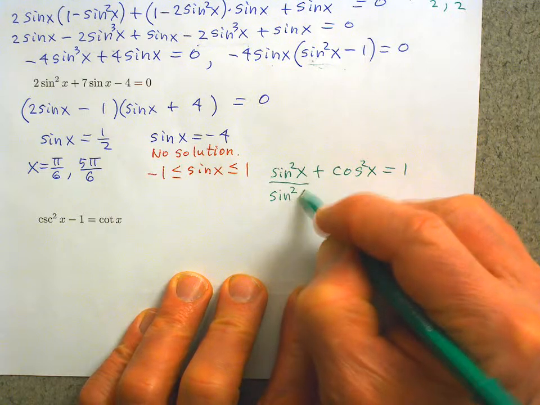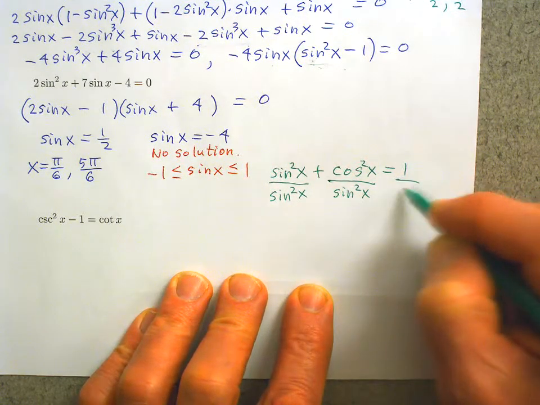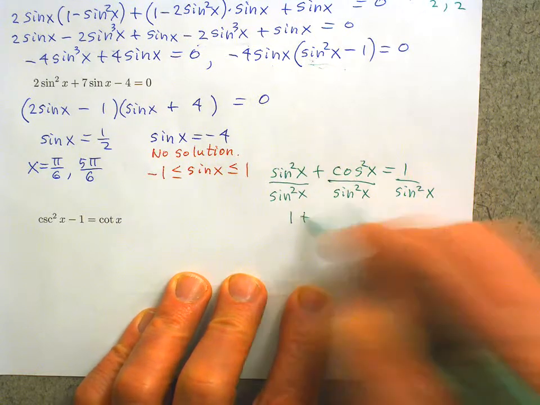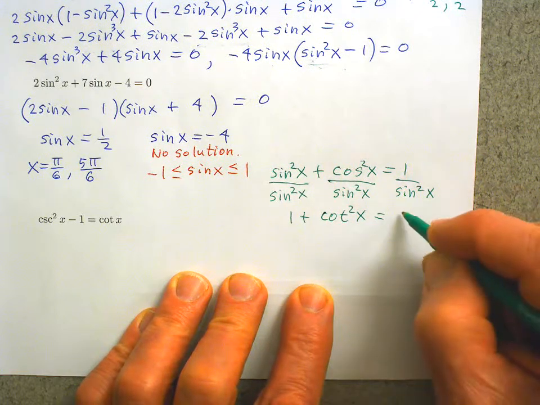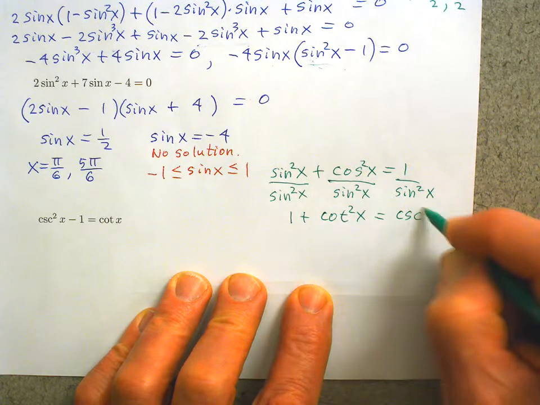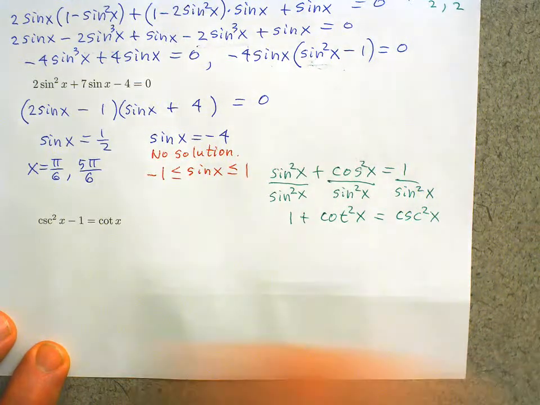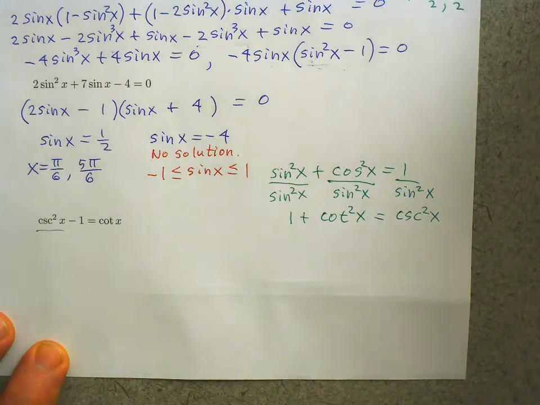Sine of x squared, so I get 1 plus cotangent of x squared equals cosecant of x squared. So I'm going to replace cosecant of x squared with 1 plus cotangent of x squared.